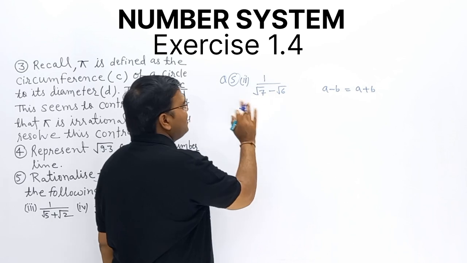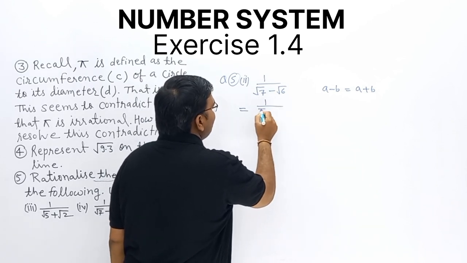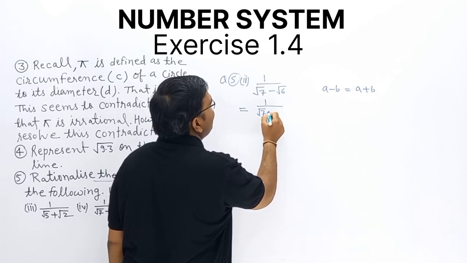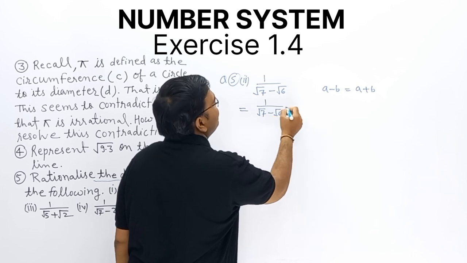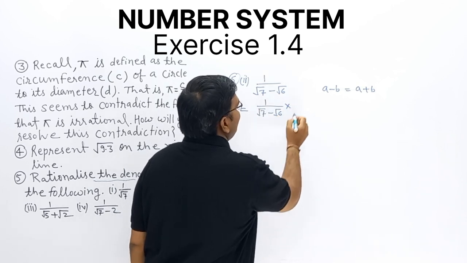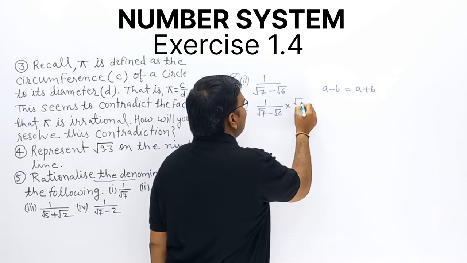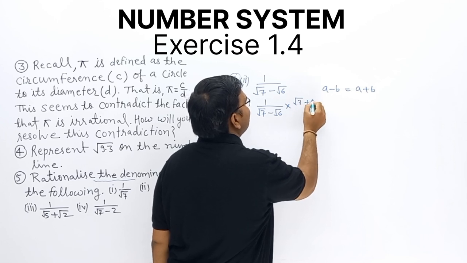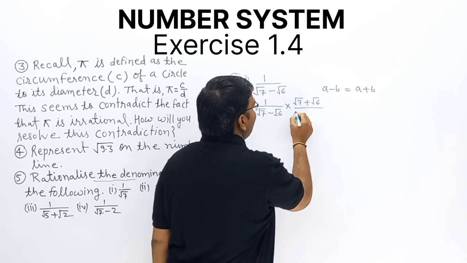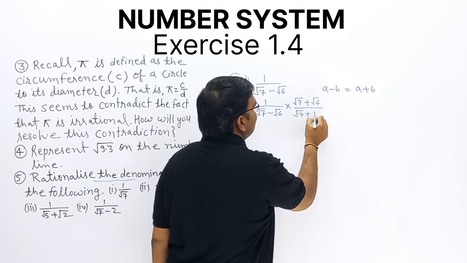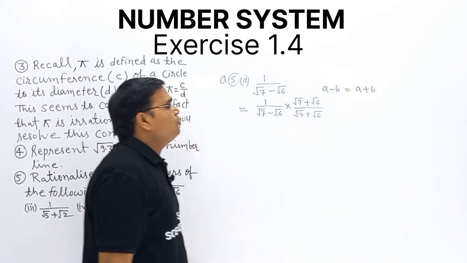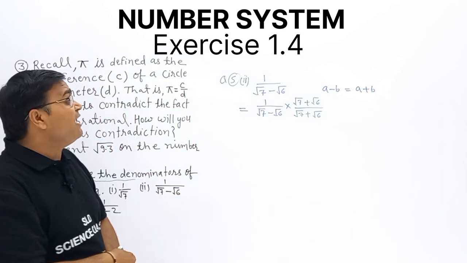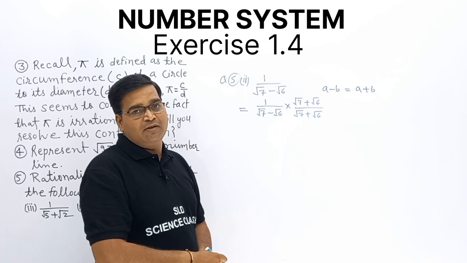So we will multiply and divide by the conjugate of the denominator, and its conjugate is root 7 plus root 6, divided by root 7 plus root 6. And why are we doing this? Why are we taking its conjugate?